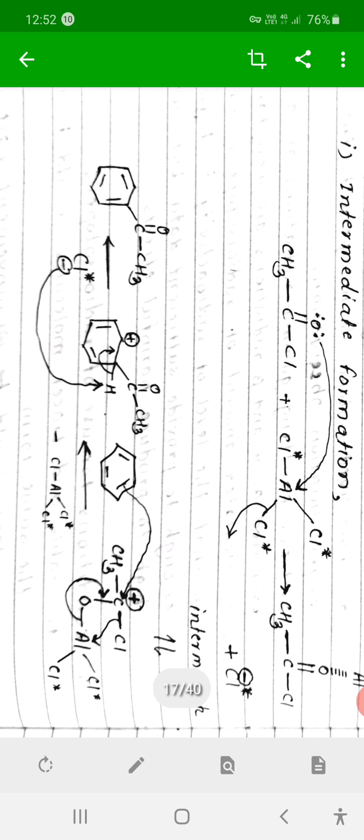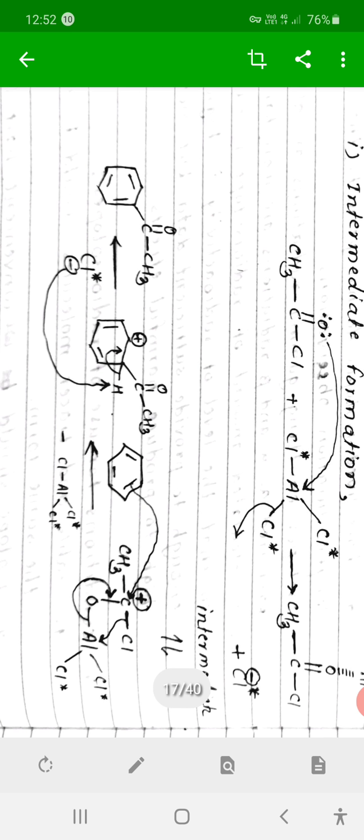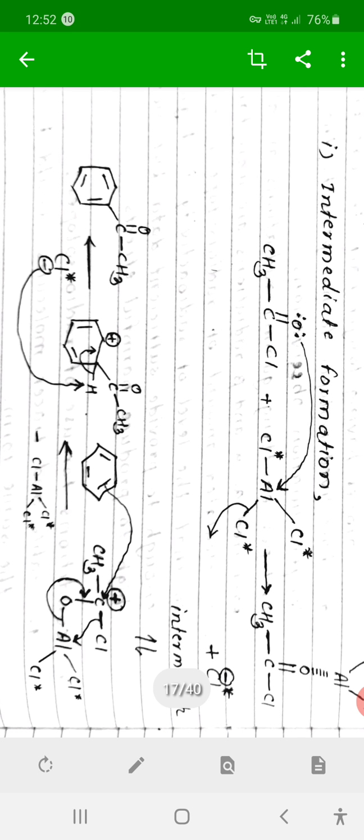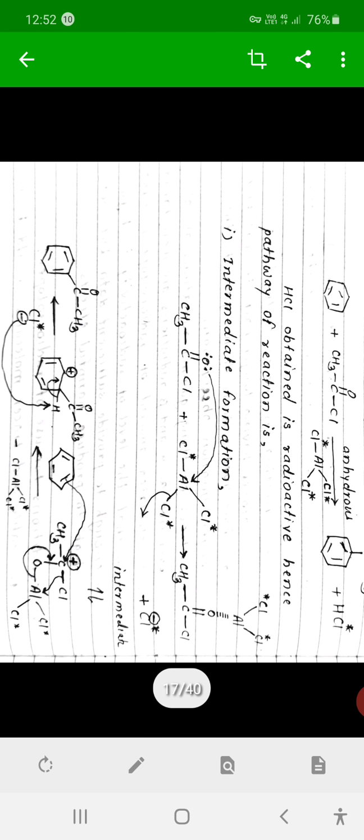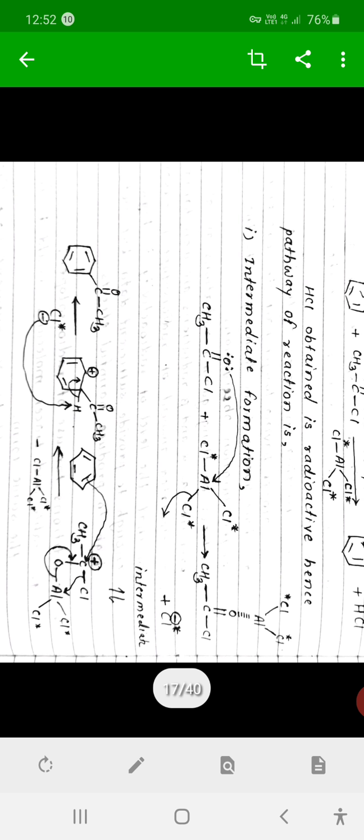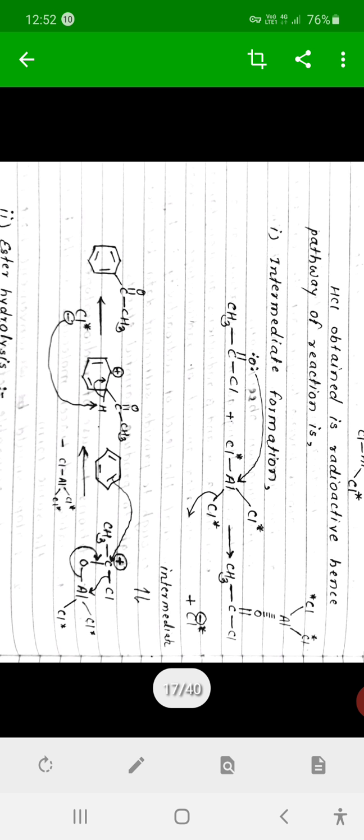Therefore the lone pair approaches towards aluminum, and the intermediate is generated as shown in this reaction.